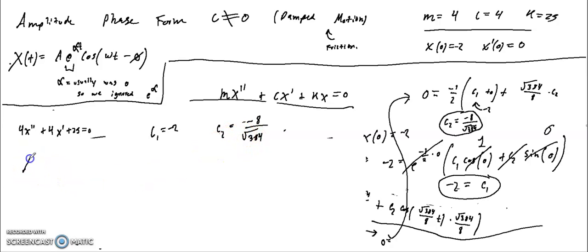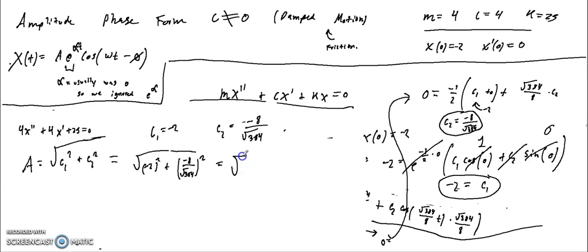And A is just defined as the square root of c1 squared plus c2 squared, which equals the square root of negative 2 squared plus 8 over radical 384 squared, which equals the square root of 4 plus 64 over 384, which equals 2.04 roughly. So that is A.